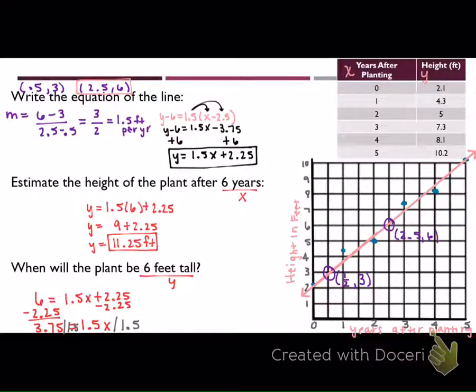So what's 3.75 divided by 1.5? 2.5, did you have to round that at all or no? No. So about 2.5 years, right?